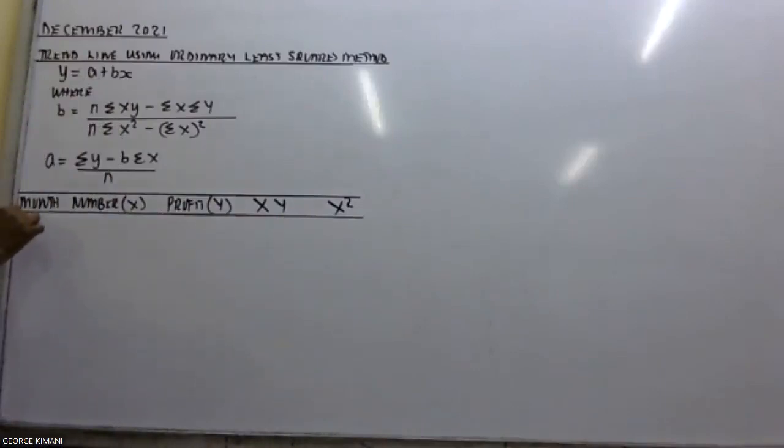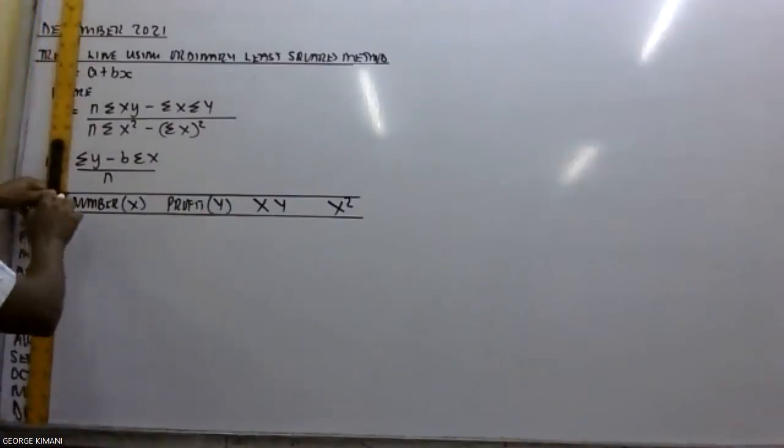So we have January, February, March, April, May, June, July, August, September, October, November, December, and the total. And the total down there.